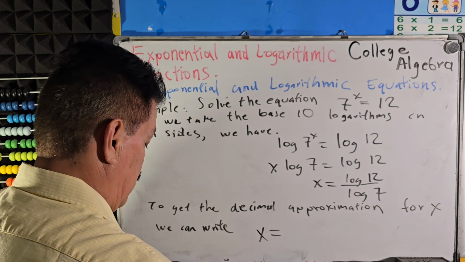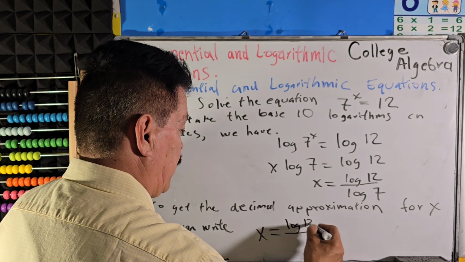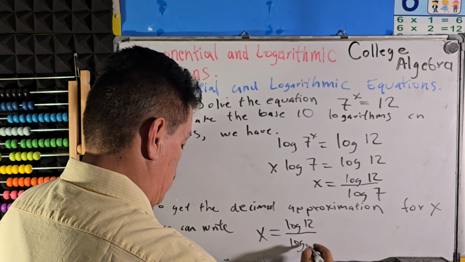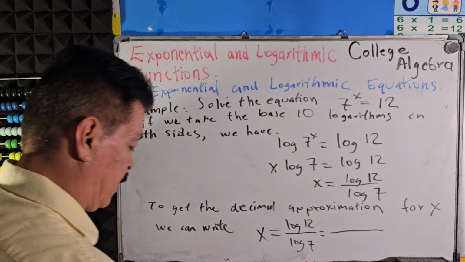We will have x equals log 12 divided by log 7. So try to find the answer right here.